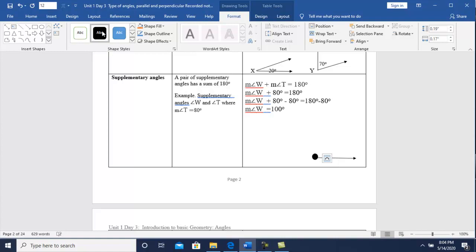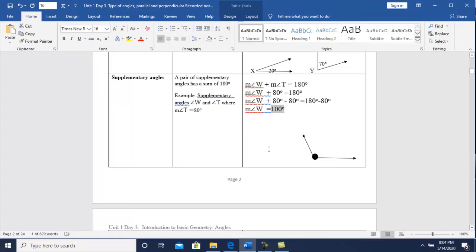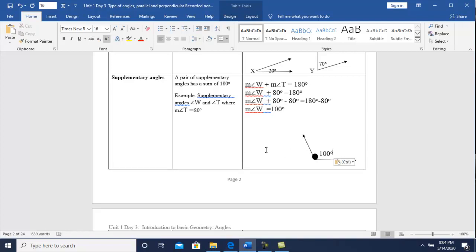Actually, I'm just going to do one. Now 90 is straight up and down, so 100 is probably going to be a little closer there. So it's 100 right there, and the name of this angle is going to be W.